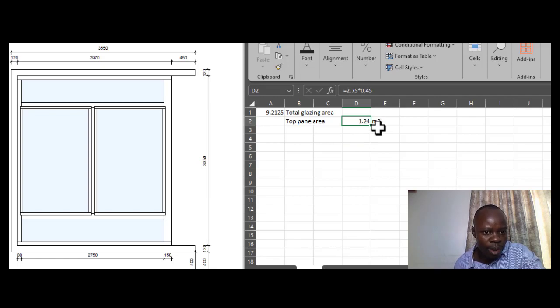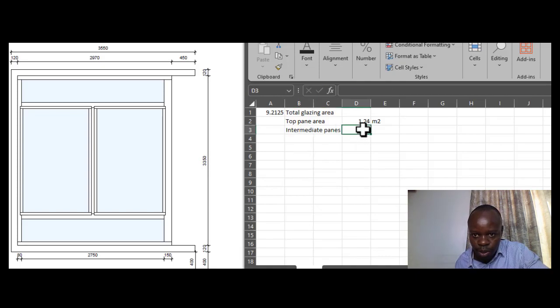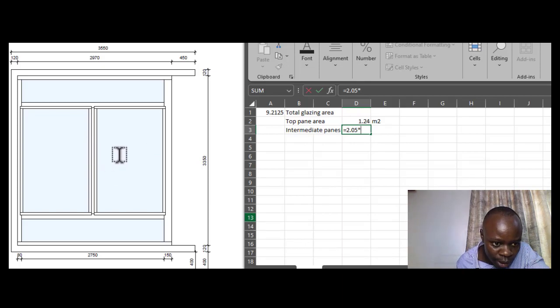Then we have the other bigger panes at the intermediate, so we can talk about the intermediate panes so that we see where they fall in terms of that description. That would be 2.05 times, now these are specific smaller partitions. Let's see what they come to.